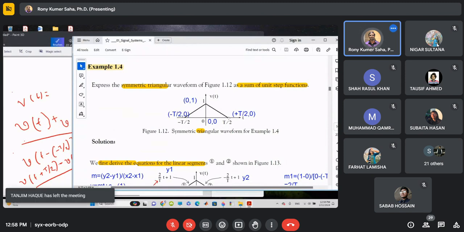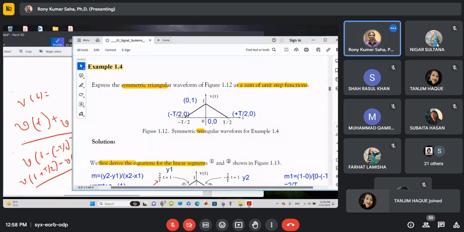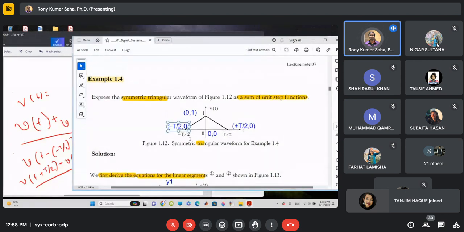It's also symmetrical, but it's triangular, and it's also represented by a sum of unit step responses. So how do you find this kind of signal? Because here the function is not defined. Is it increasing, then decreasing? So you have to first define the function.